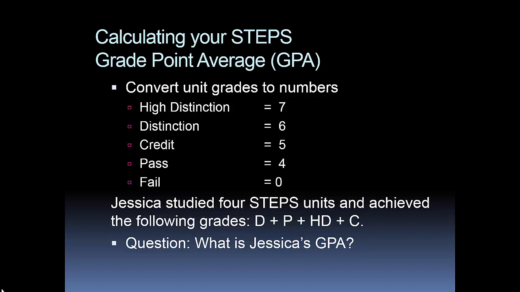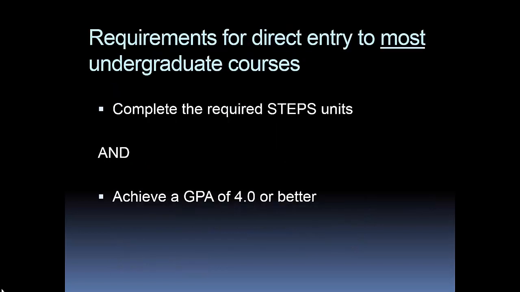A credit is worth 5 points, so now we're at 22 points. And we divide that number by the number of attempts. So we've got 4 units there. So 22 divided by 4 equals 5.5. So that's Jessica's GPA. And that's how you go about calculating your GPA in STEPS.